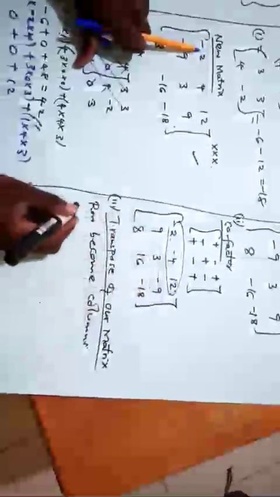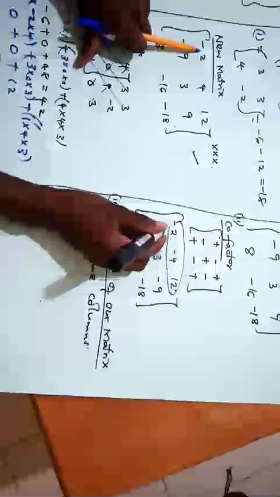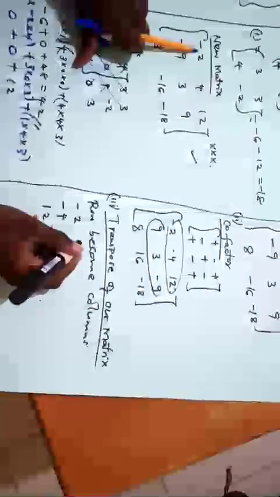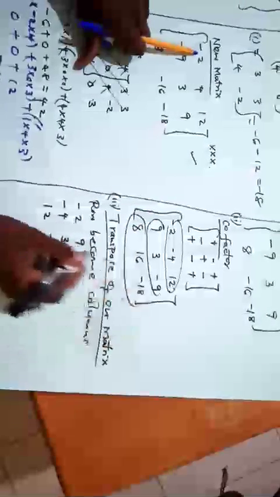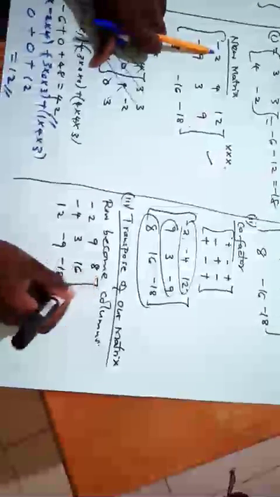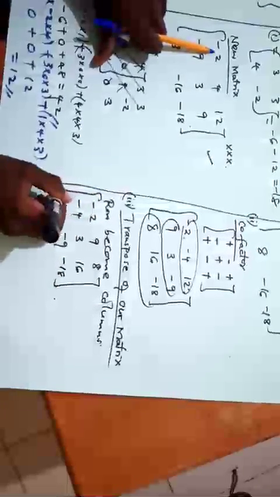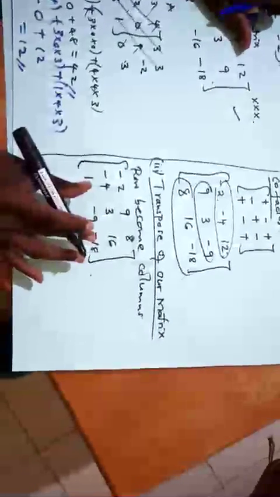It now becomes a column: negative 2, negative 4, and 12. Our second row becomes a column: 9, 3, negative 9. This one also becomes a column: 8, 16, negative 8. So that's what we refer to as the transpose of this matrix.